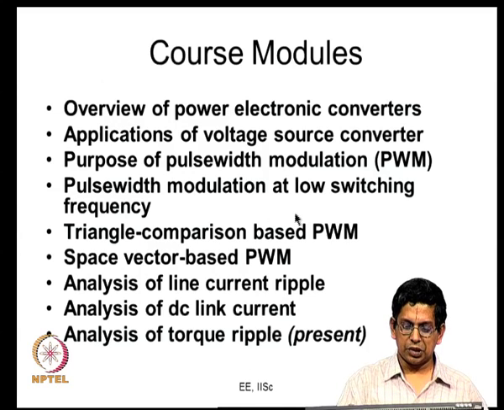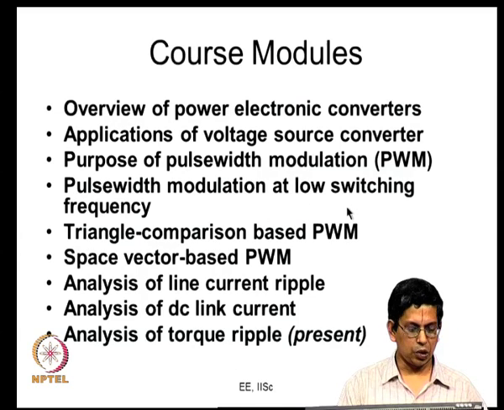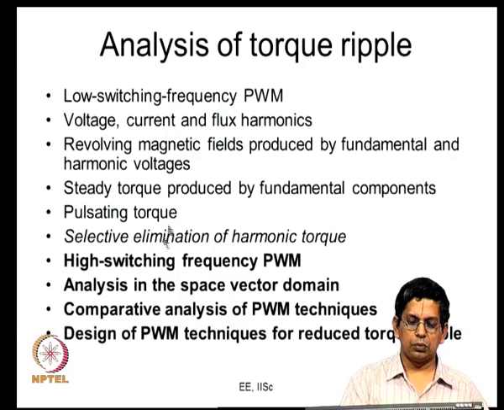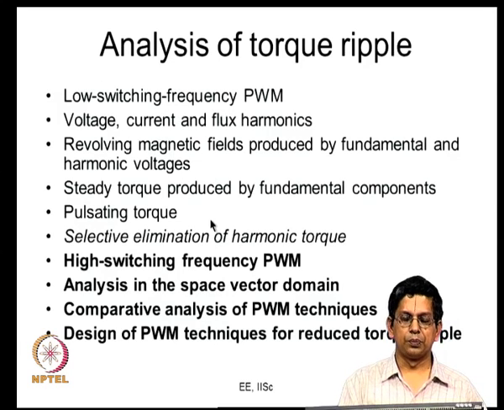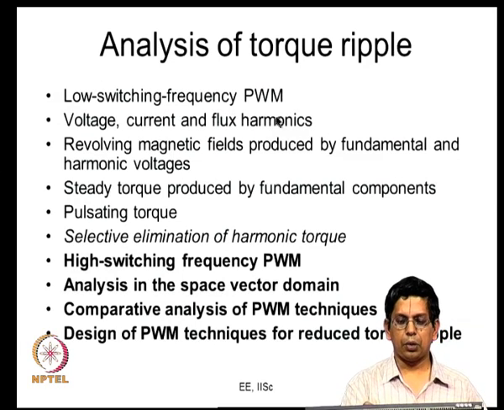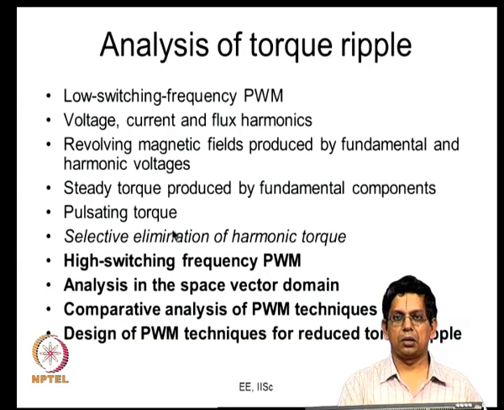As I mentioned, in the last lecture our focus was on low switching frequency. Now, it would be a review of low switching frequency. A quick recap on low switching frequency PWM and the voltage, current and flux harmonics and revolving magnetic fields produced by the fundamental and harmonic voltages, and steady torque produced by the fundamental components, and the pulsating torque produced by the rest, mostly by the interaction of one fundamental magnetic field and another harmonic magnetic field.